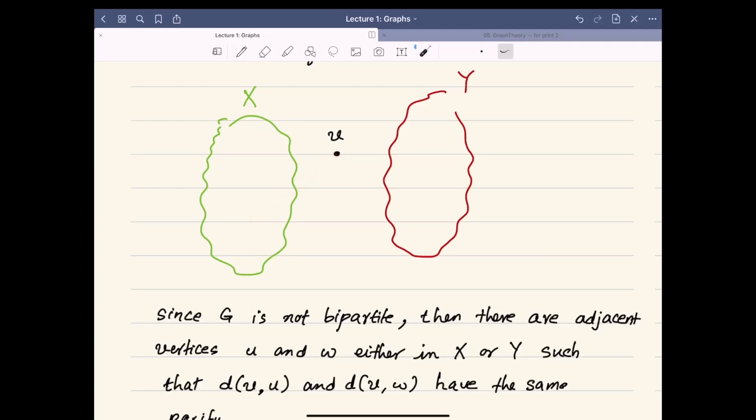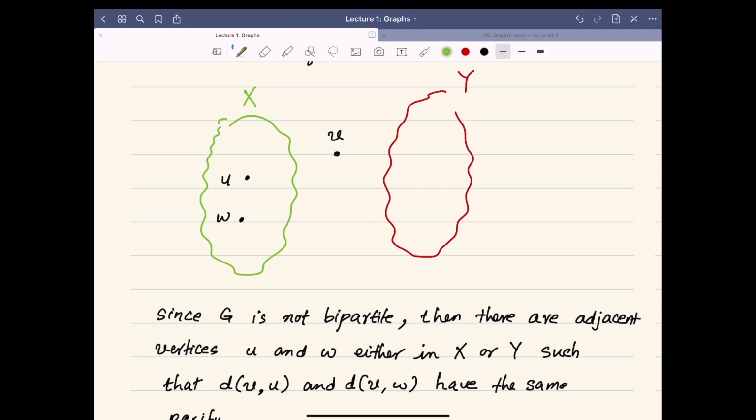It means either both are odd or both are even. Let us assume that the distance is even. So I will put here, in green color, U, and here we will put W.